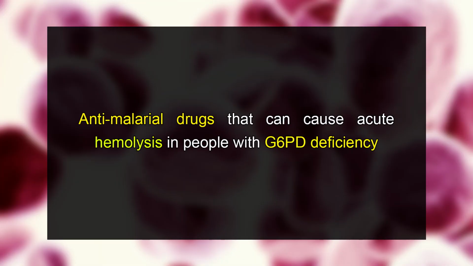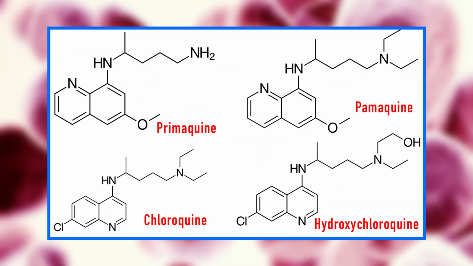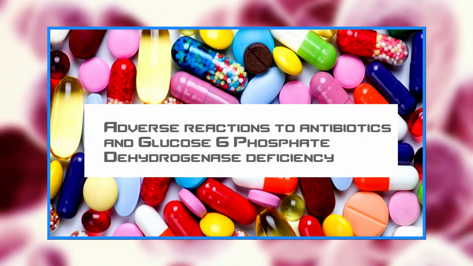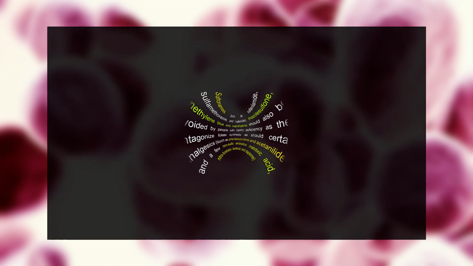Antimalarial drugs that can cause acute hemolysis in people with glucose 6-phosphate dehydrogenase deficiency include primaquine, pamaquine, chloroquine, and hydroxychloroquine. There is evidence that other antimalarials may also exacerbate glucose 6-phosphate dehydrogenase deficiency, but only at higher doses.